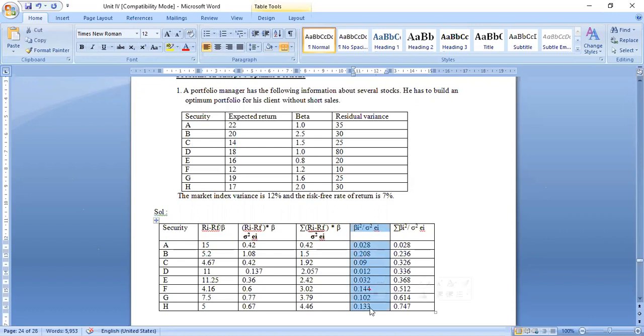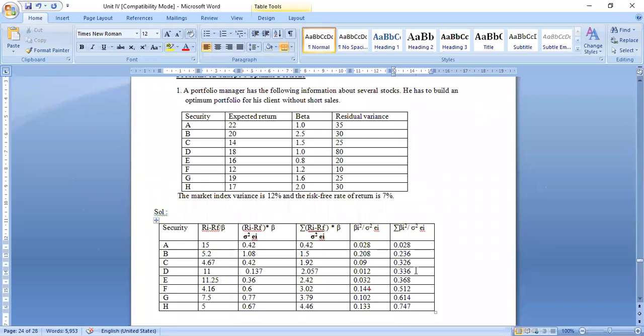Now we are supposed to calculate the cumulative here. So 0.028 as it is, plus 0.208 will give us 0.236, plus 0.09 will give us 0.326, plus 0.012 will give us 0.338.